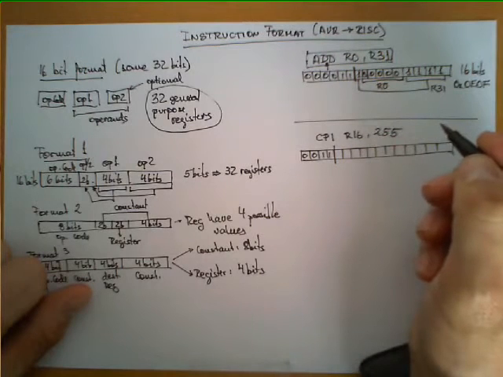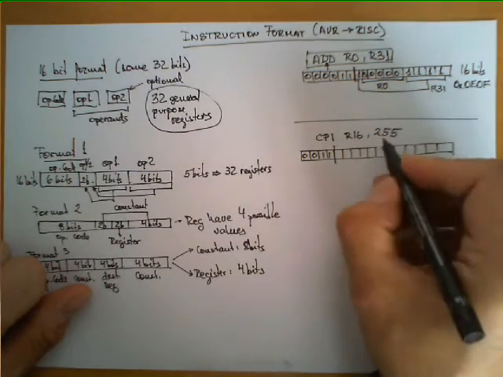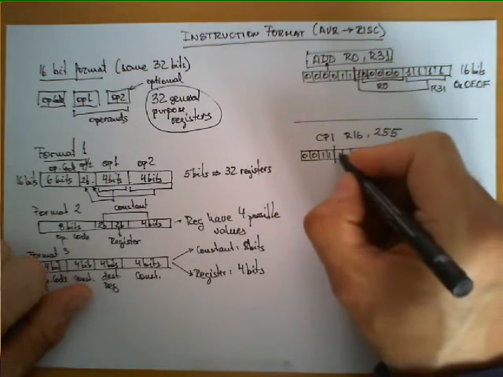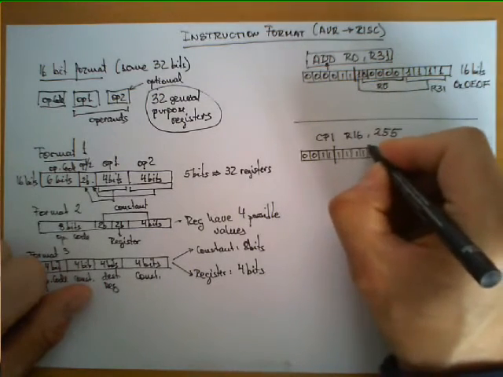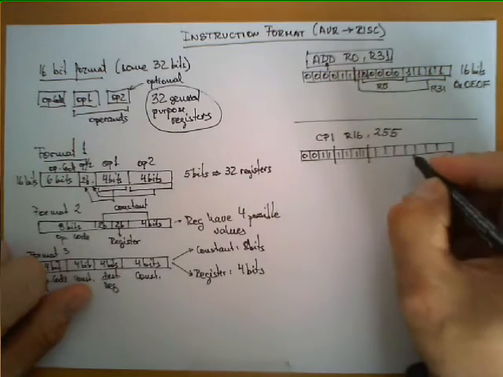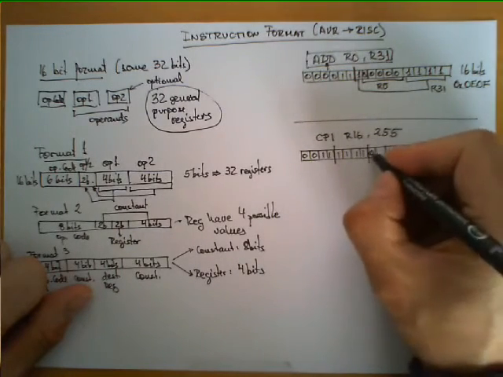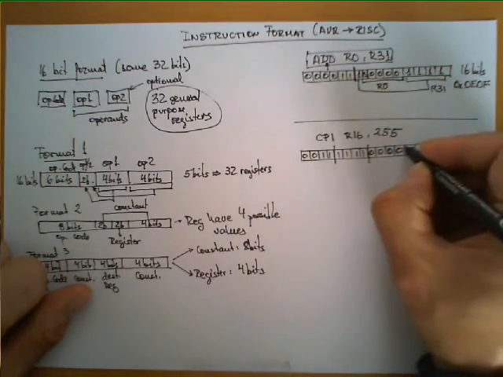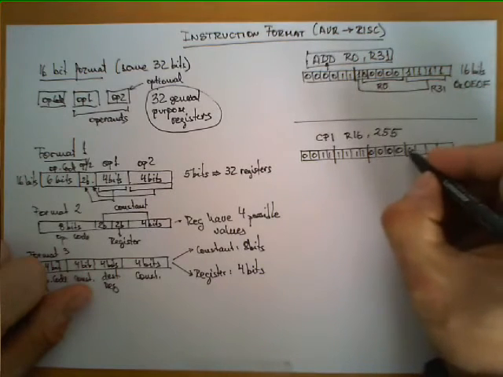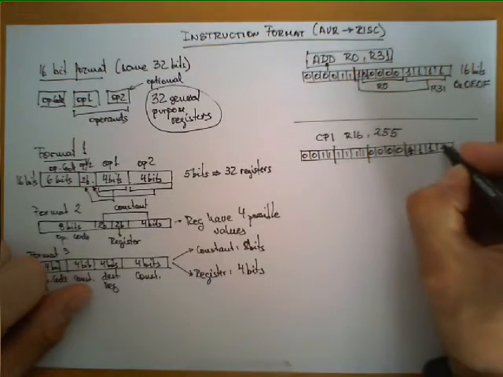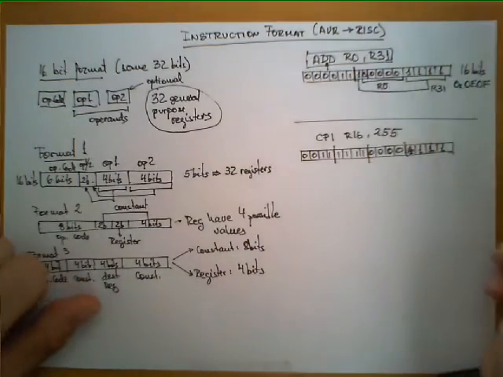Then we have 4 bits to encode part of this constant, which will be 1111. Next, 4 bits to encode this register, which happens to be encoded as 0000. And finally 4 additional bits, 1111, that also encode the constant.